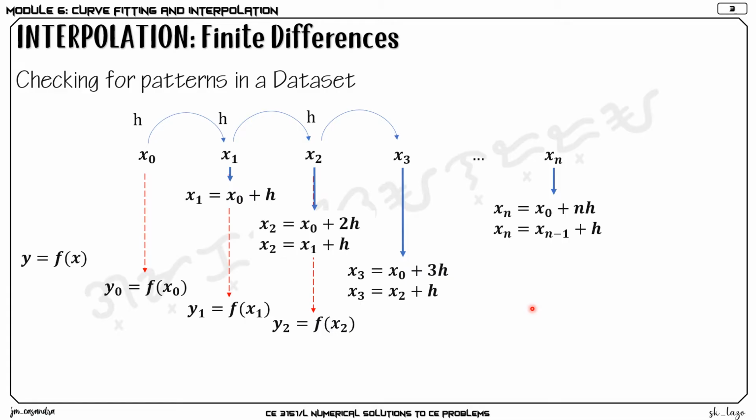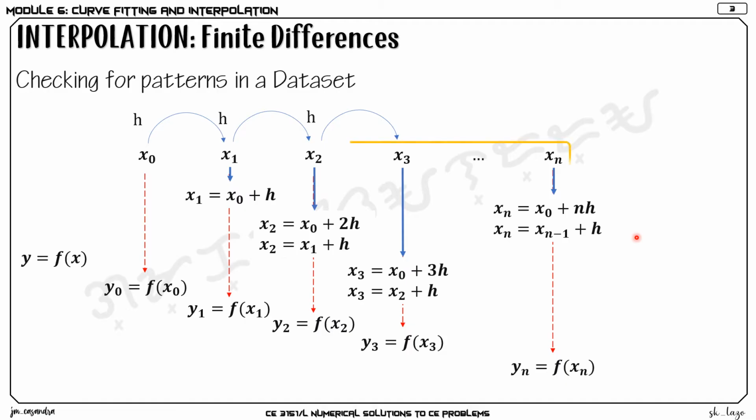Then we have y2 is equal to the function of x2, and y3 is equal to the function of x3. And for any value of x, we can now write that its equivalent y is a function of x sub n.